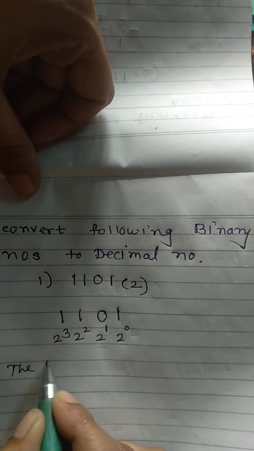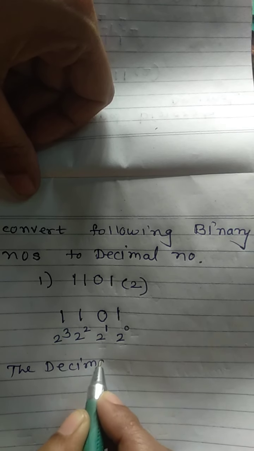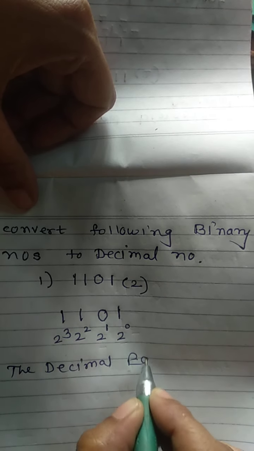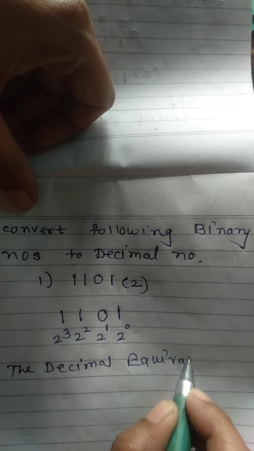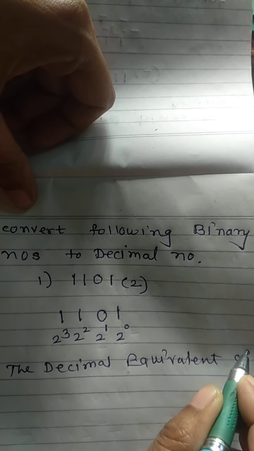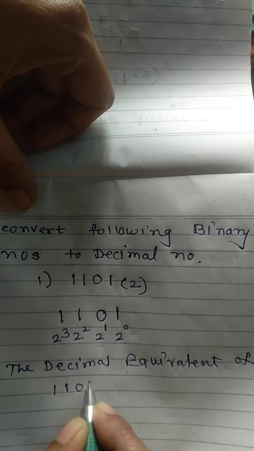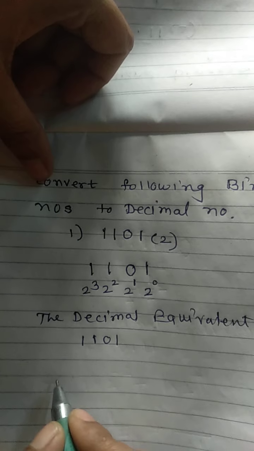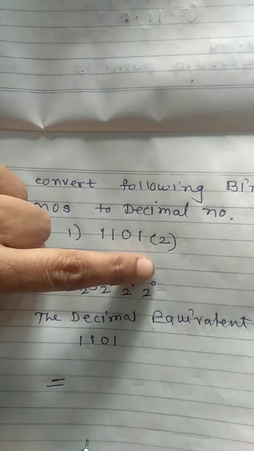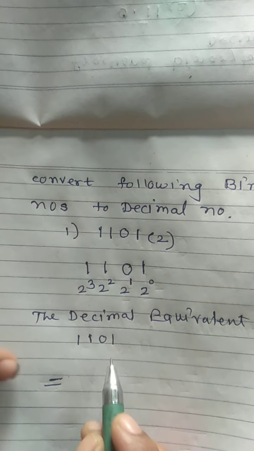The decimal equivalent of 1101 is equal to 1 into 2 raised to 0.